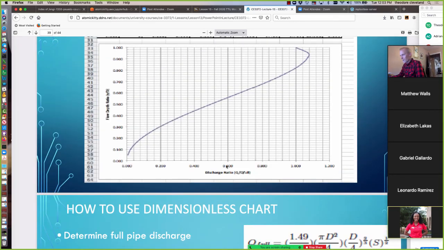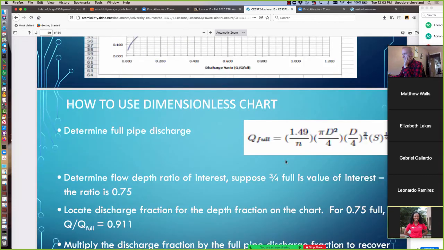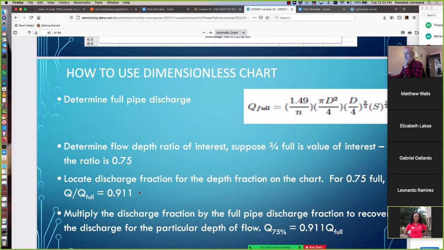We go to our chart, we find the 0.75, which is somewhere in here. We read up here and we recover the flow ratio for the 0.75 flow depth. It looks like it's somewhere bigger than 0.9. It looks like 0.911.